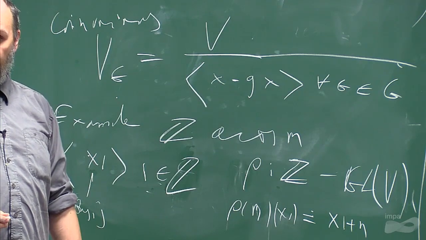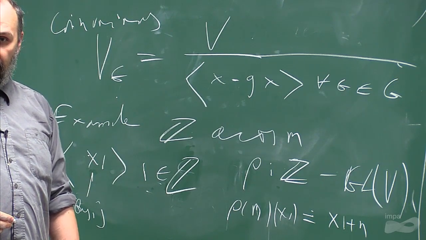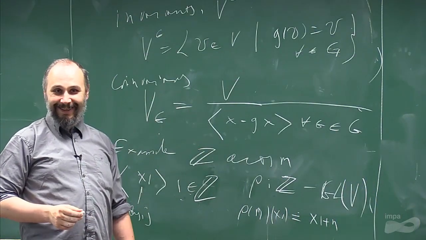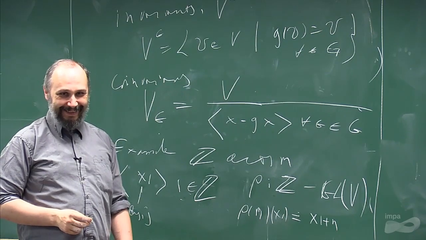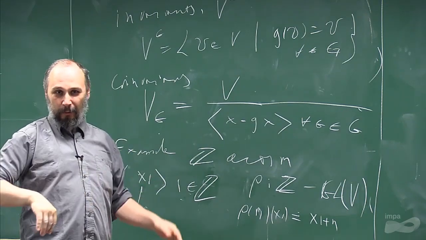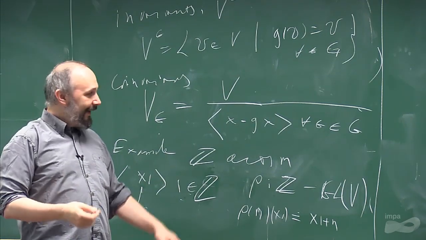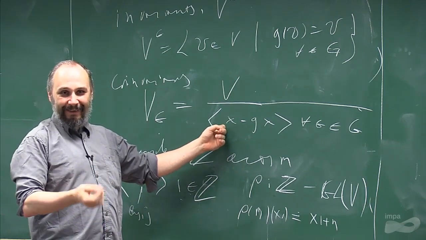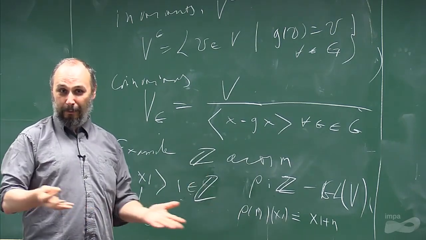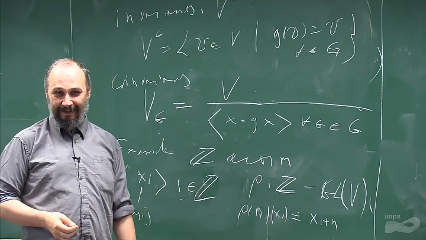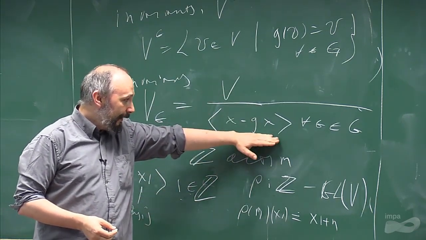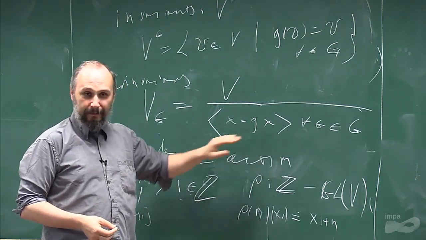So you can say they are equivalence classes of orbits, but this is a vector space, it's not entirely orbits. If two vectors are in the same orbit, they are identified in the co-invariants. So you identify vectors in the same orbit, and then you take the quotient by this identification, but you do it in the vector space. So you take a vector space V and divide it by the subspace generated by these vectors.